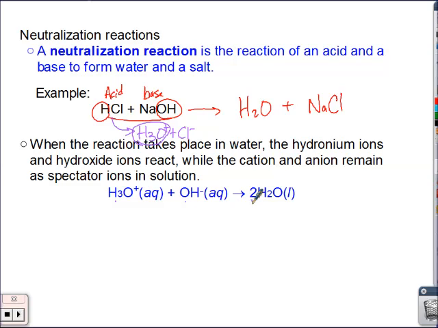This is when I'm looking at the ionic level, instead of an overall reaction, and including the water that was present if I looked at this HCl in water. So I'd call this the total ionic equation. For any neutralization reaction, this would be the total ionic equation.